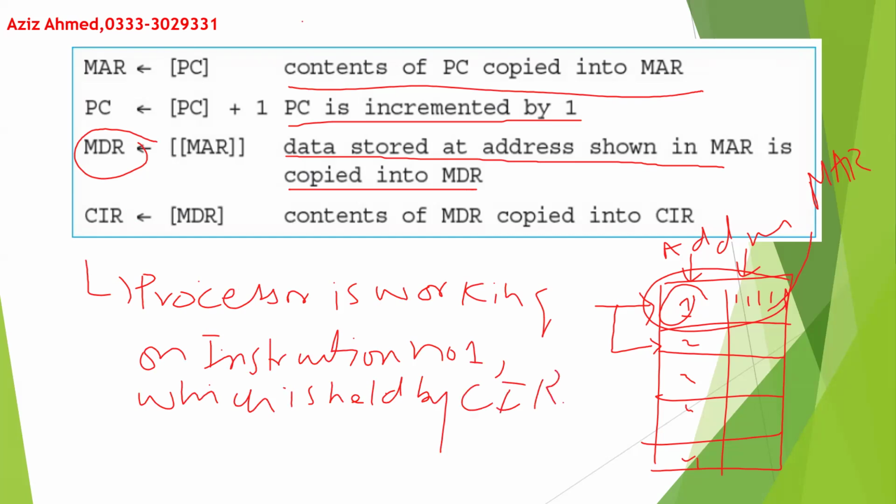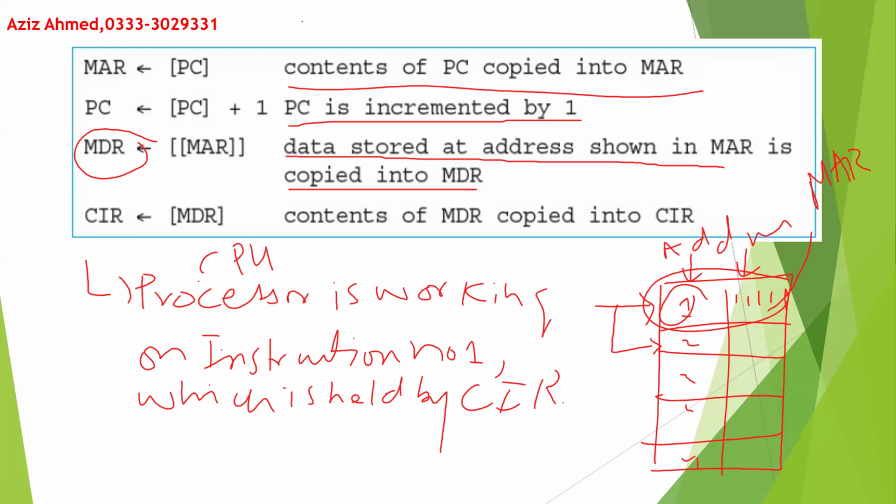Got the idea? Teacher, processor also means CPU, right? Yeah. Processor means CPU. So the CPU is working on instruction number 1, which is held by CIR.